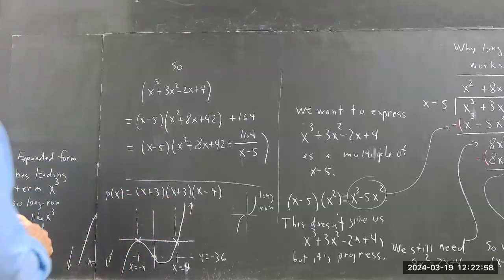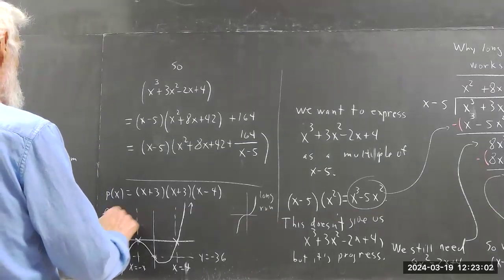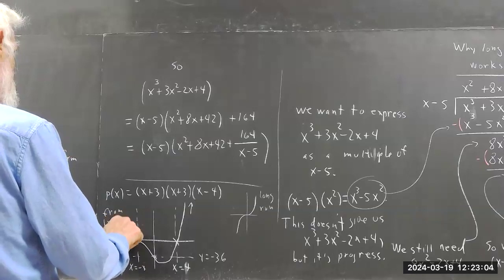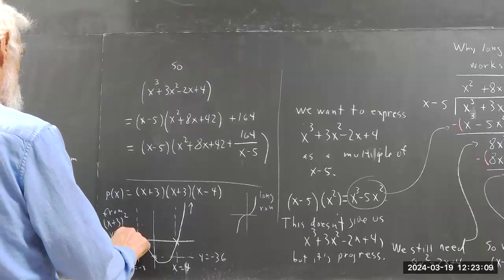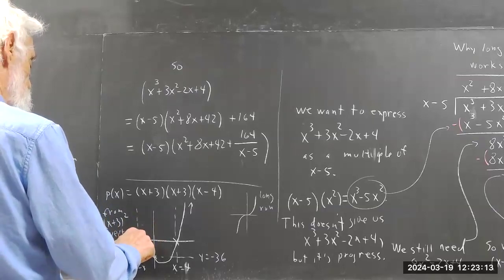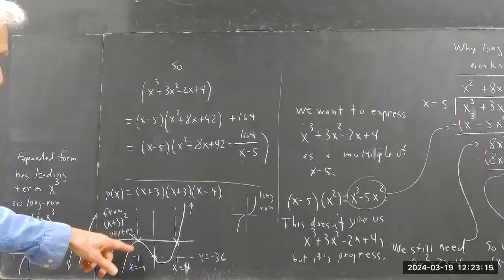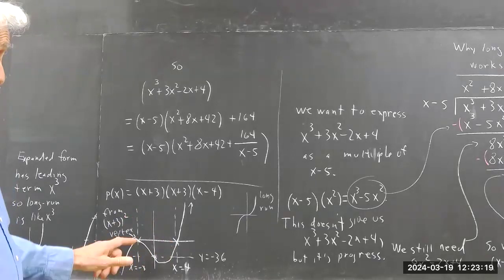Okay. So this occurs as a result of the vertex of x plus 3 squared being here. So this acts like a squaring function at this point.